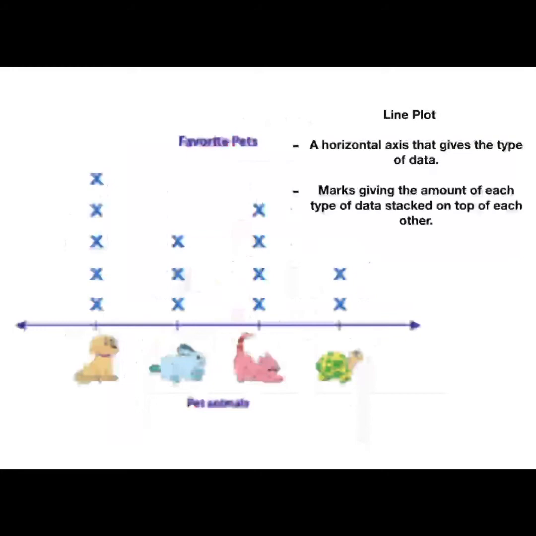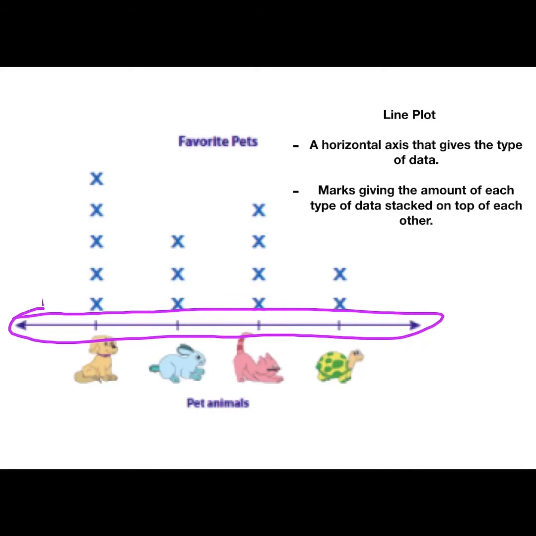Line plots have a horizontal axis. Horizontal means it goes side to side, and we've talked about that whenever we talk about the horizon. So if you look outside of your window and you look at that straight line stretching from side to side, that's called the horizon. So it has a horizontal axis that tells the type of data.